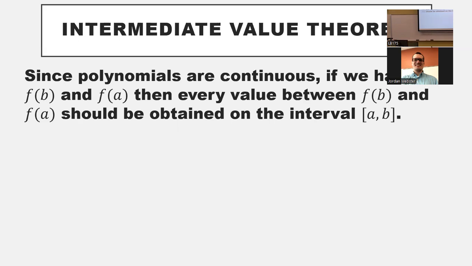If we have a continuous function, and I know the value of f of b, and I know the value of f of a, then every value between f of b and f of a is going to have to be obtained by some point on the interval from a to b.